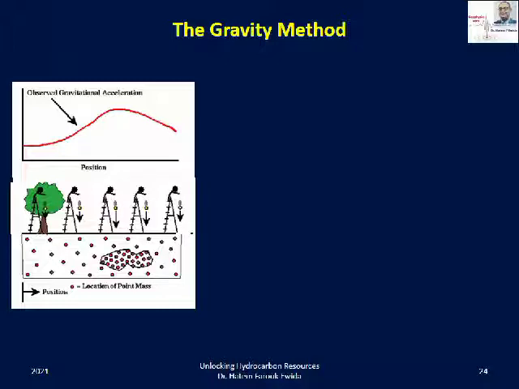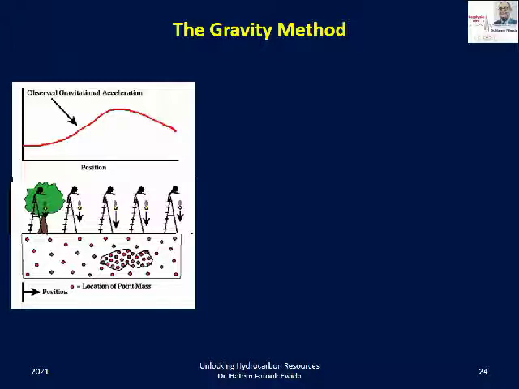If you plot the curve for this gravity acceleration, you will find this bump here, which we call an anomaly. This is a gravity anomaly. This means that you have a denser rock in this area. Let me give you an example of density.